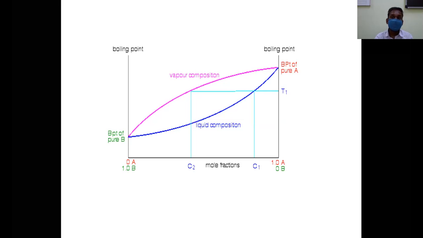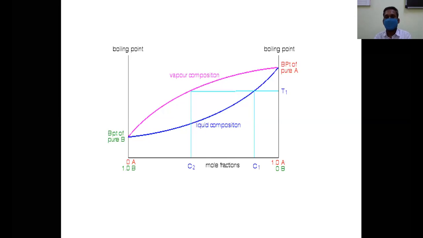As I told before, that will be richer in B because B is the more volatile component. So now, once you collect this, what have you got? You have got a liquid of different composition, C2.